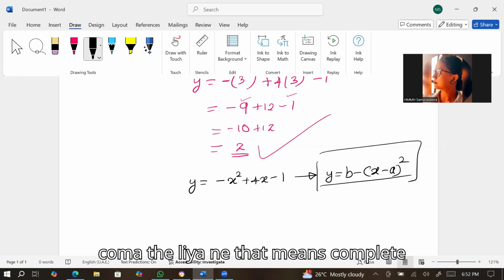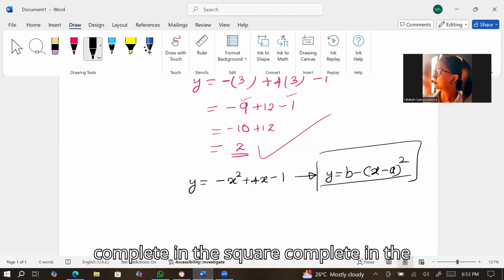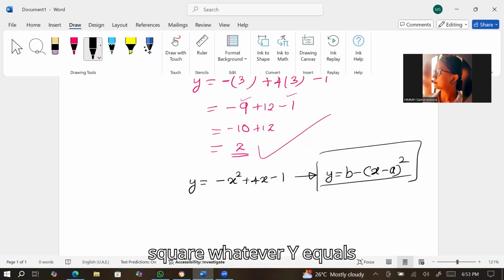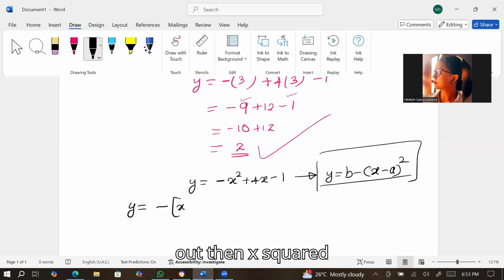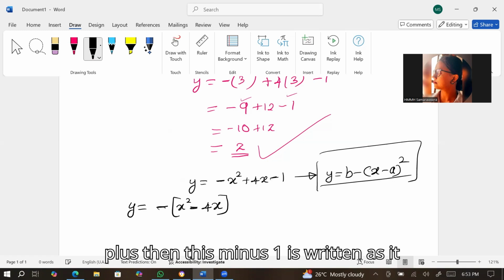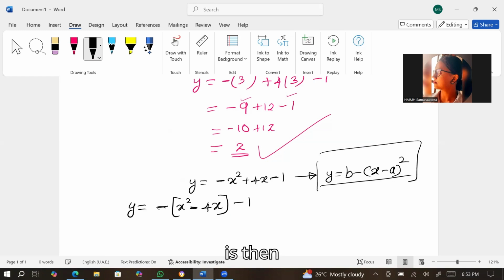Complete the square. Complete the square. Y equals minus, I take minus 1 out, then x squared minus 4x, then this minus 1 is written as it is.